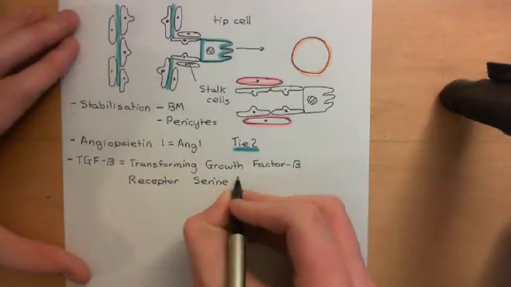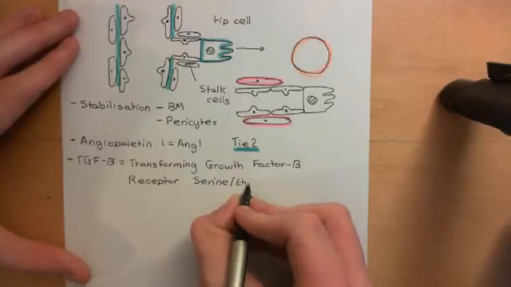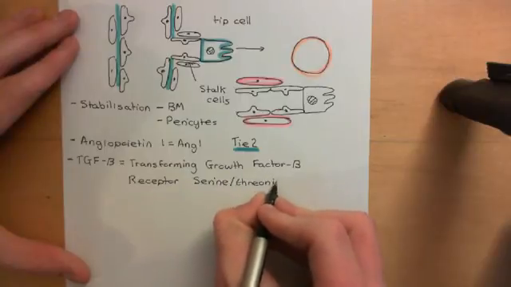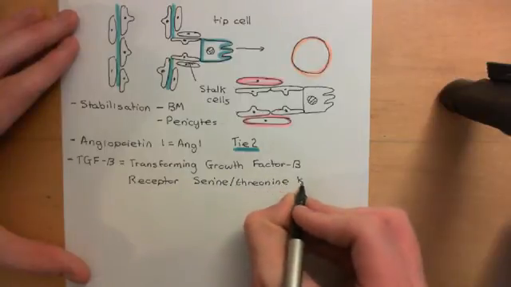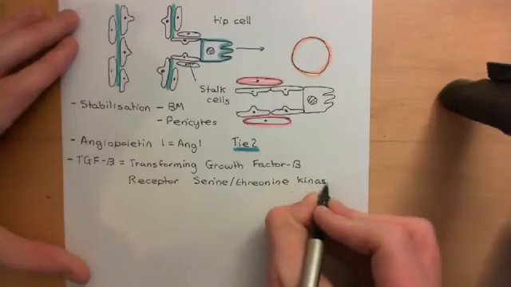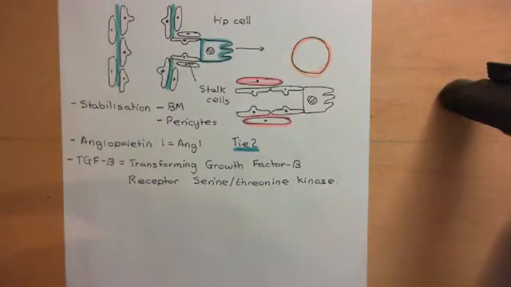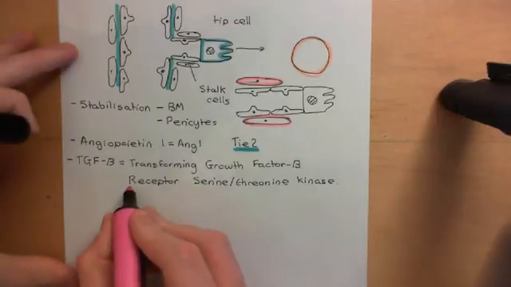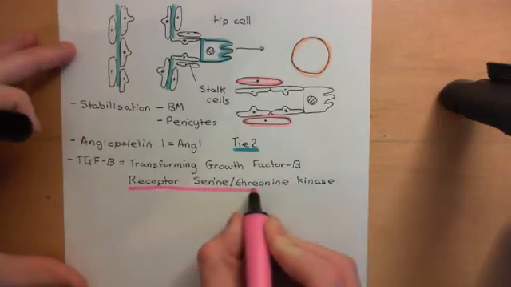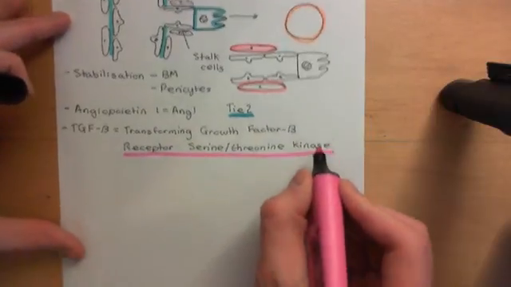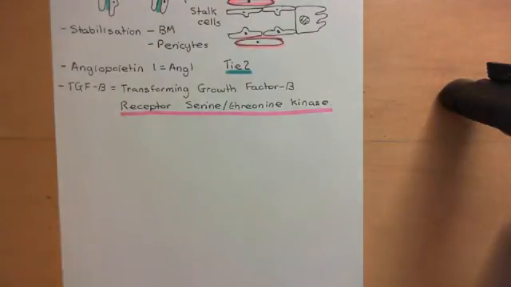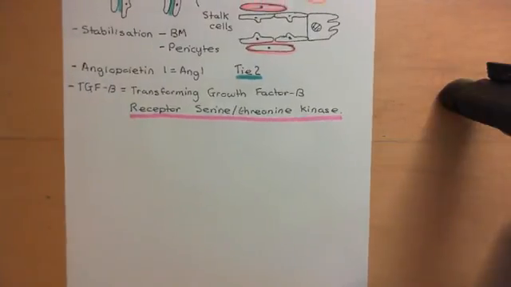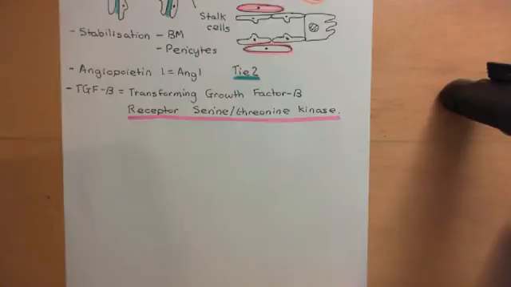So it's a receptor with an inbuilt serine threonine kinase domain, rather than a tyrosine kinase domain, a domain that phosphorylates serine and threonine residues rather than tyrosine residues. So let me just tell you a little bit about receptor serine threonine kinases. And once again, we won't be going through the entire signaling pathway. We'll just be talking about the activation of the receptor, and then we'll say it leads to signaling pathways which lead to epigenetic changes in the cell.